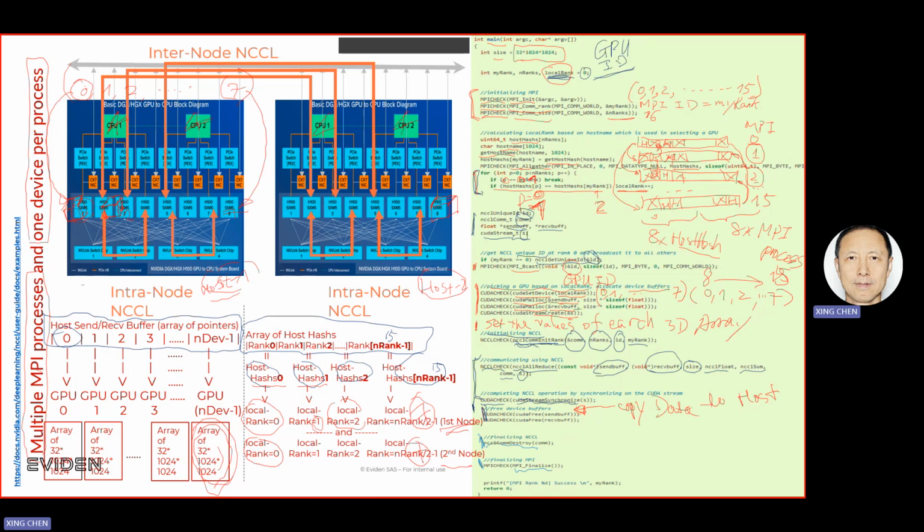Okay, now let's do a very quick summary. We can say that for internode GPU communications, for internode collective GPU communications, you need to use this NCCL library to deal with that.